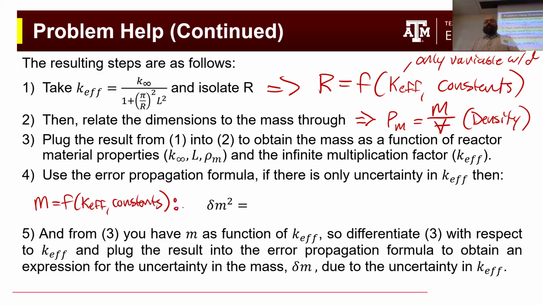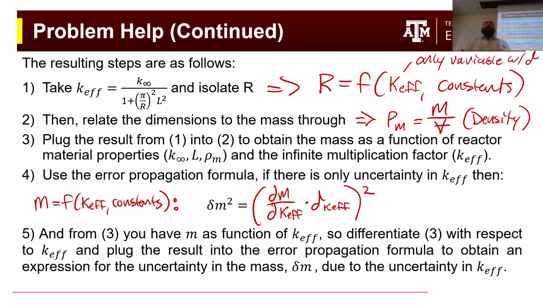And if I get the mass so that it only depends on K effective and everything else is a constant, then the uncertainty in my mass is just going to be the derivative of my mass with respect to K effective times the uncertainty in K effective, whole quantity squared.